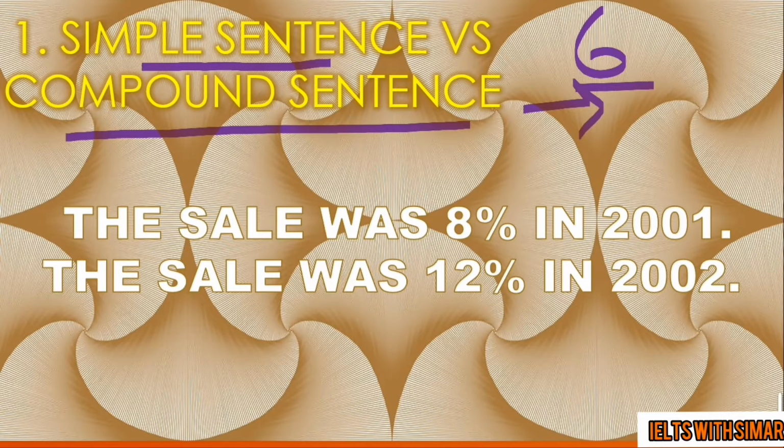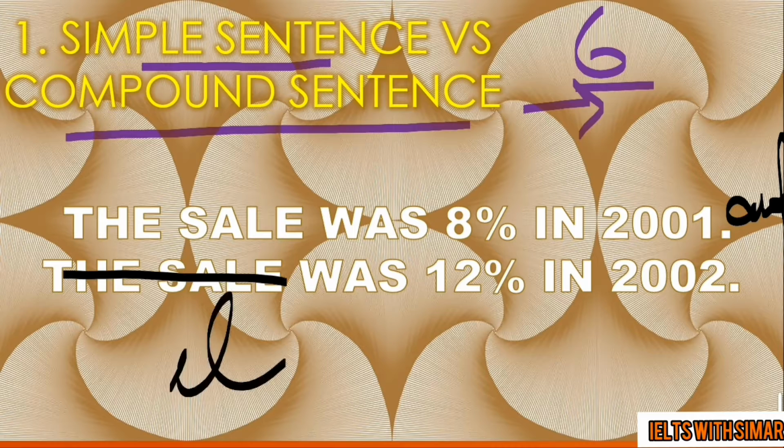So how can we turn this structure into a compound sentence? Look at the screen. Here is the full stop. I made it a comma here, and here it is. It is now a compound sentence. It is very simple. Please use it in your exam. Move to the other structure.